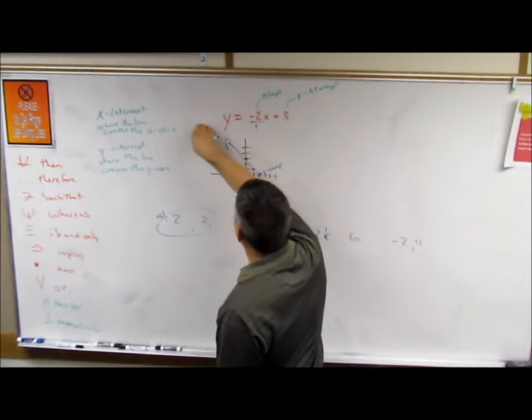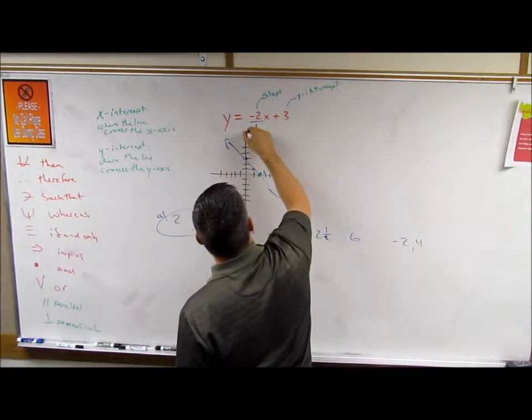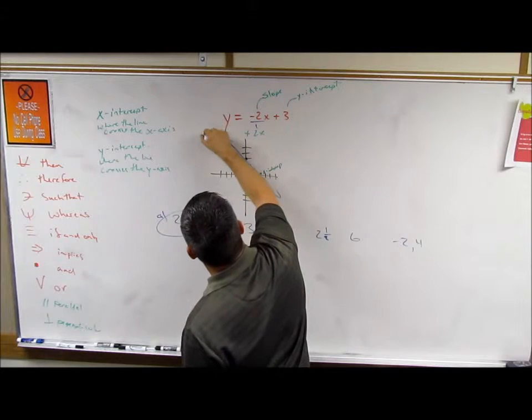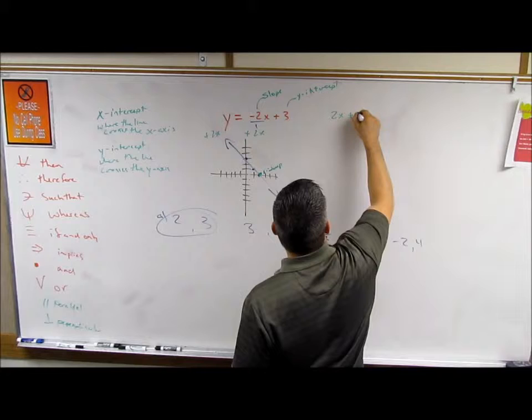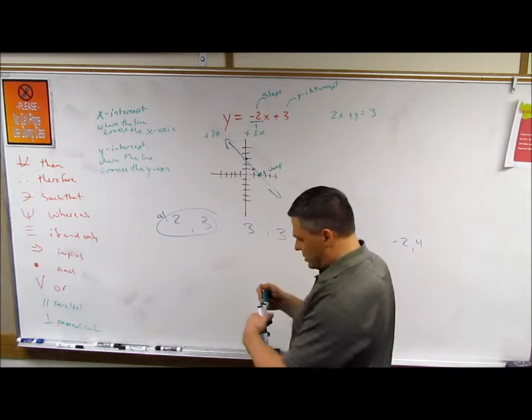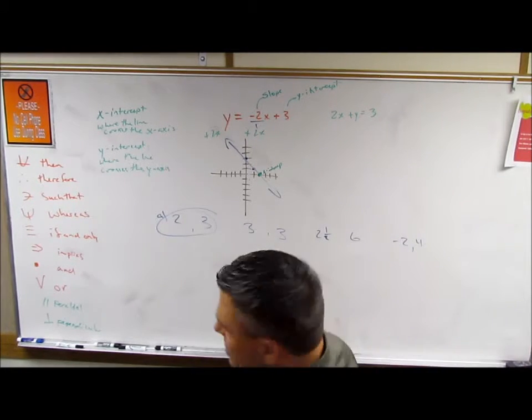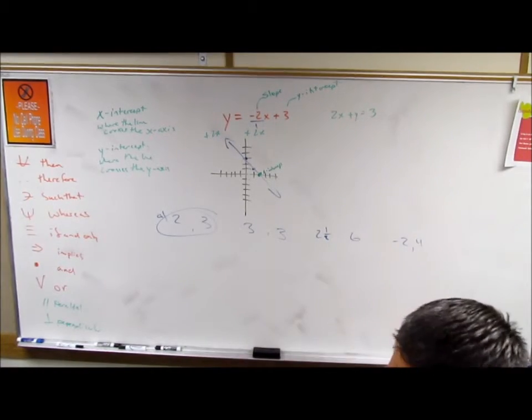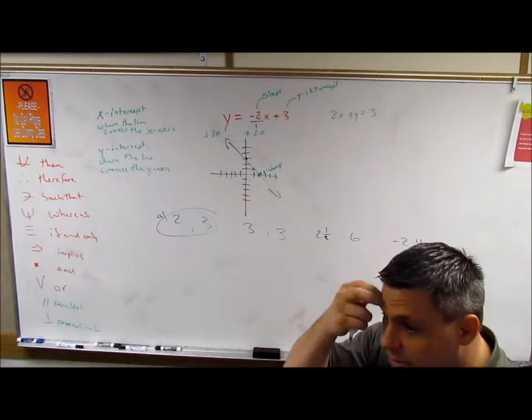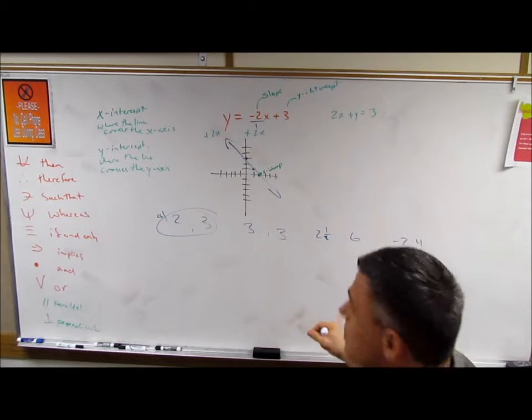I put the x over here, so I'm going to add the opposite, so I get 2x plus y equals 3. And then I do simple plugging in zeros for x and y.